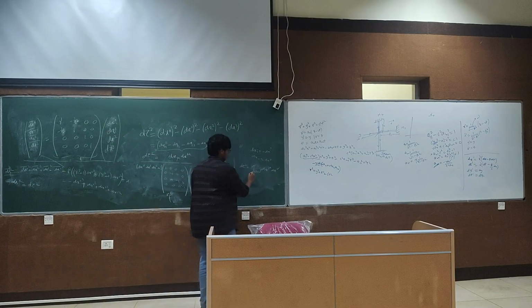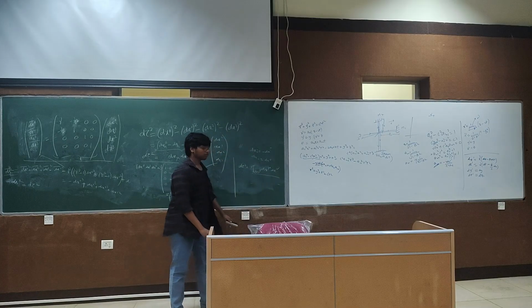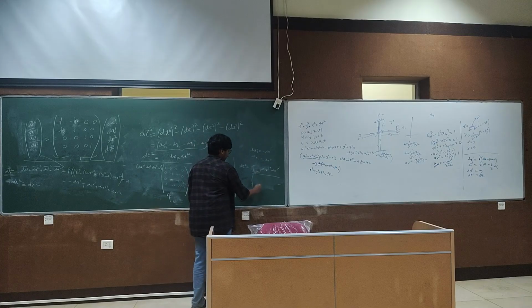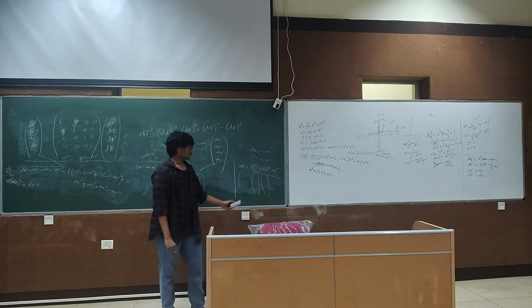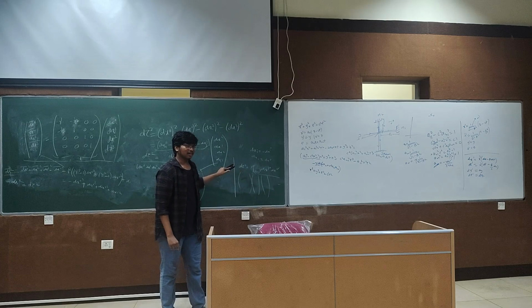But here, if you want to look at this in a matrix format, I am multiplying two column vectors with something and still getting a scalar.